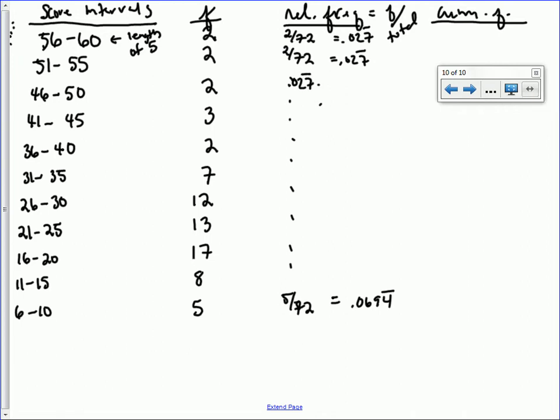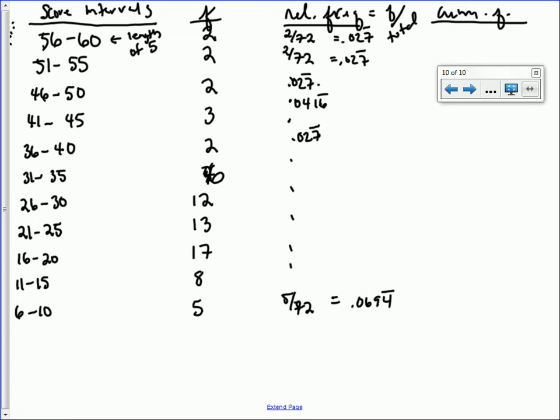This is 0.027. The 3 out of 72 is 0.0416. Another 2 is 0.027. 7 is, I think it's actually, there's 6 of them. Sorry. If you go back, there's 6 of them there.